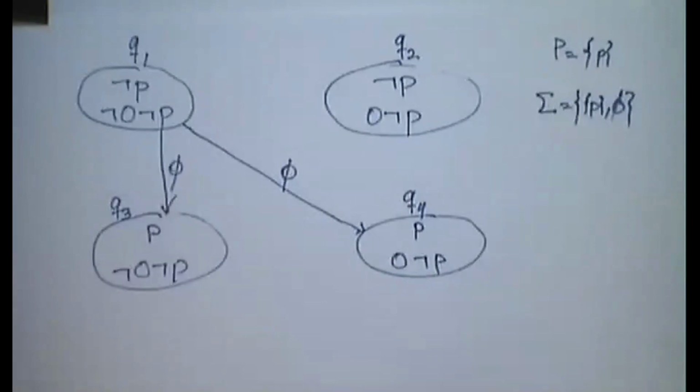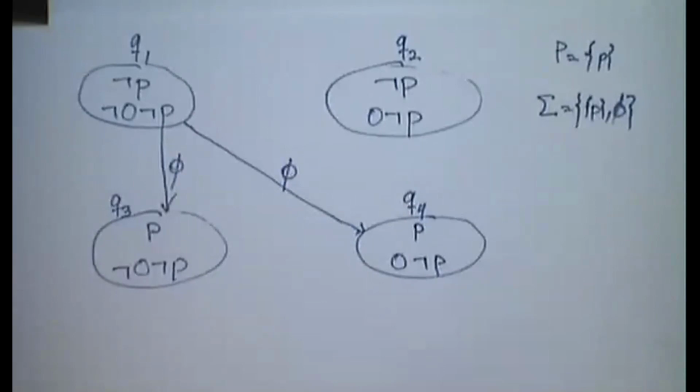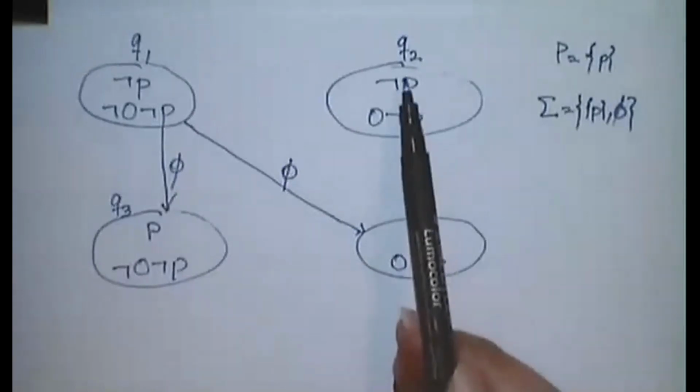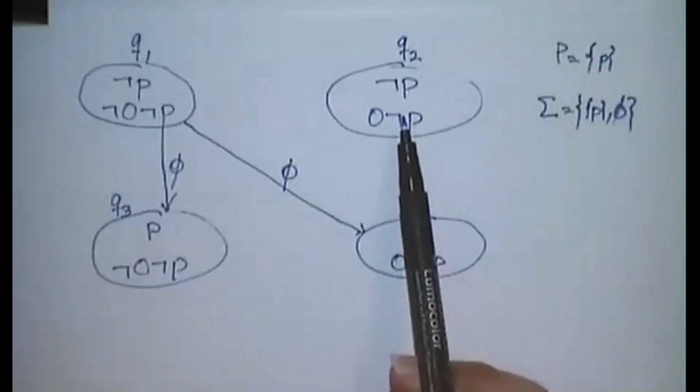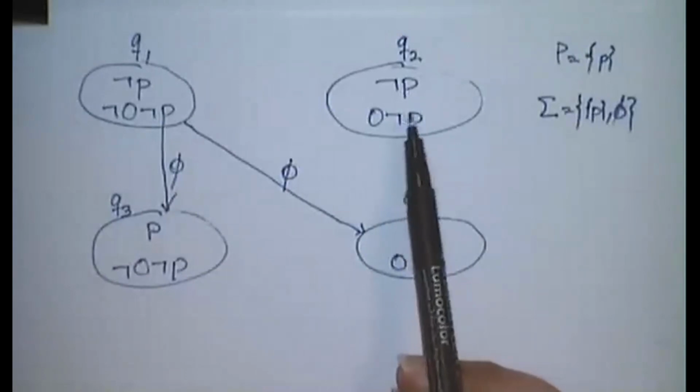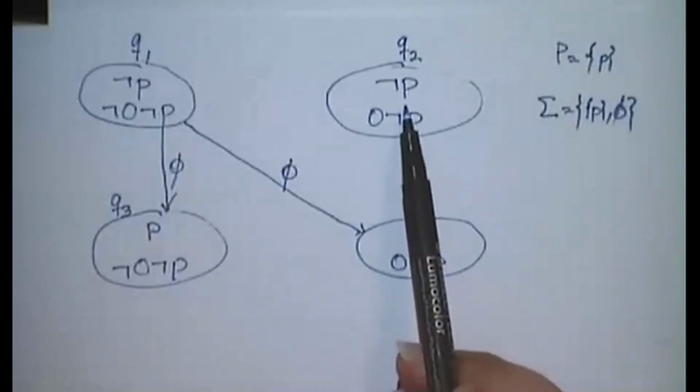Okay, now let's continue this and let's do this for Q2 as well. So in Q2, again, I have not P. So if the input that I'm reading, if the infinite string of letters that I'm reading as input starts with P, then I should just reject.